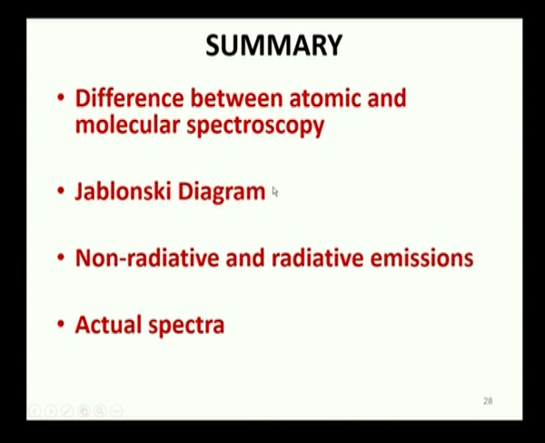The electronic energy levels in a molecule were described using the Jablonski diagram, where you know the two types of emissions, non-radiative emissions and radiative emissions, and you should know how an actual spectrum looks like, where we think that it should be a line spectrum, whereas usually we have a broadened peak. In the next lecture, we would be seeing the different reasons for the broadening in the line spectra, why the spectra are broadened.